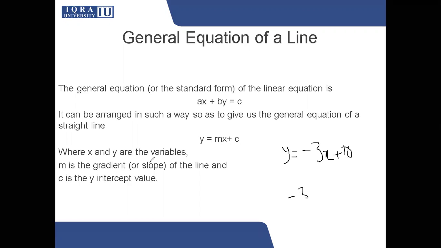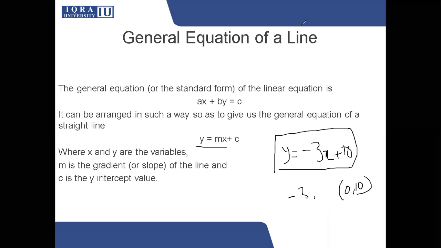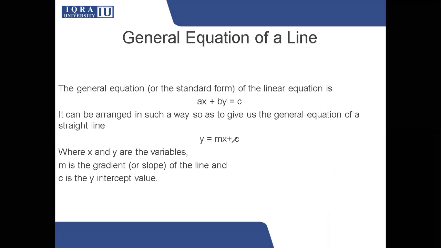What is m? m is the slope or the gradient, right? And the c is the y-intercept value. That is, it passes through 0, 10, right? So you have this information just from this equation, right? Just by looking at this equation. So this is why this form is very useful. Again, these and these, they're the same things.